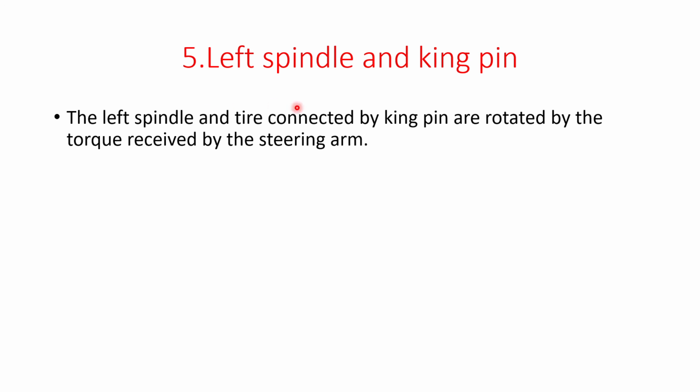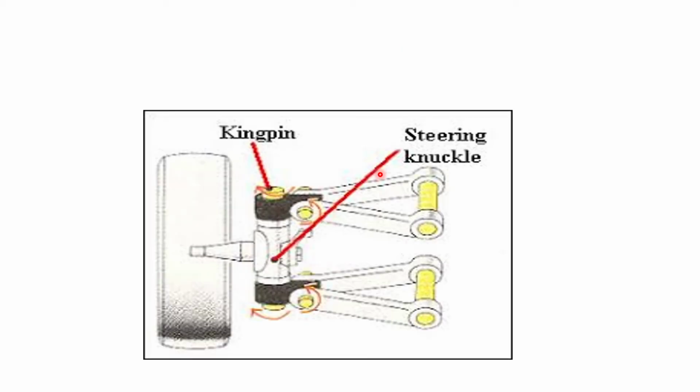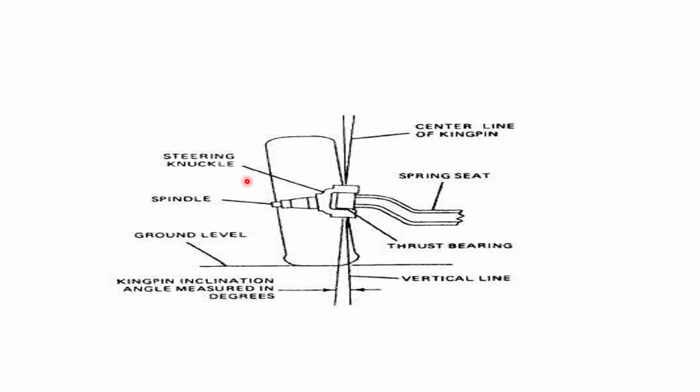That is, the left spindle and tire connected by the kingpin are rotated by the torque received by the steering arm. That is, the left spindle and tie rod are connected with the help of the kingpin, as you see from the figure. This is a wheel and the spindle, which will be connected with the help of a kingpin.